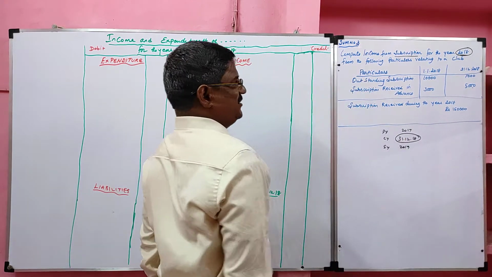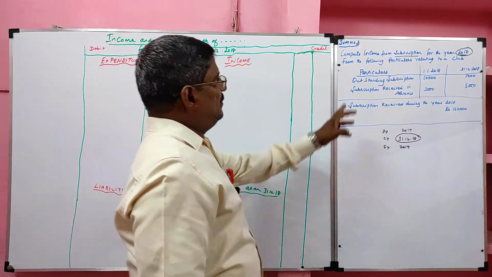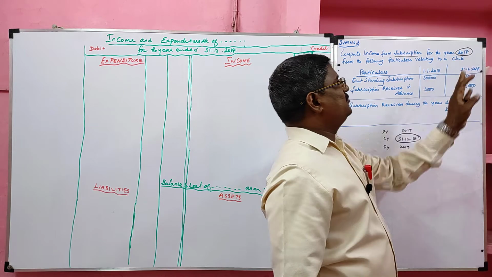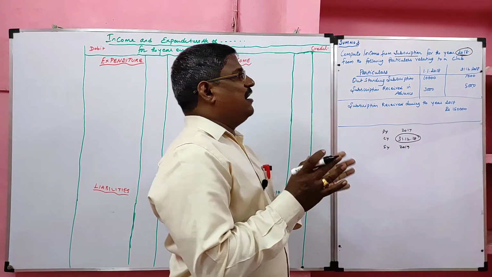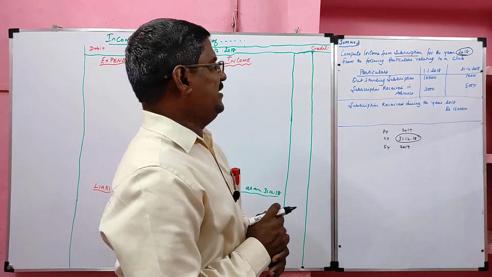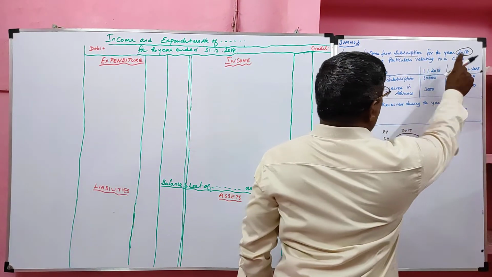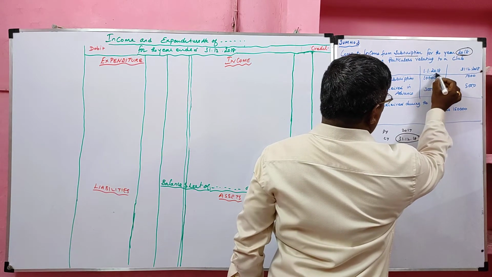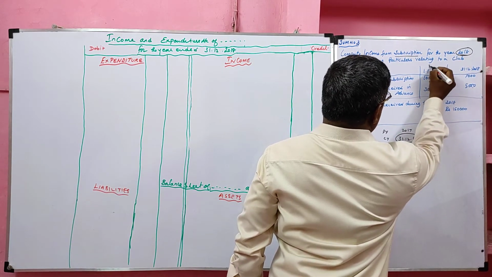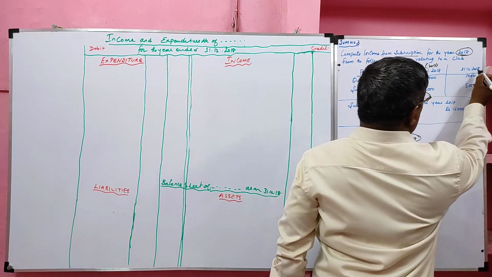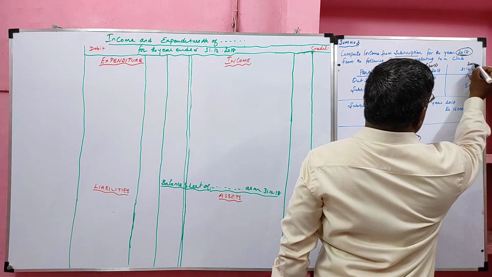First, you should be thorough with this. Compute the income from subscription for the year 2018. So here they are following calendar year, not accounting year. From the following particulars relating to a club. 1/1/2018 is nothing but 2017. 31/12/2018 is nothing but 2018.